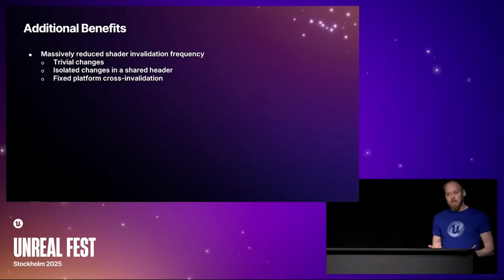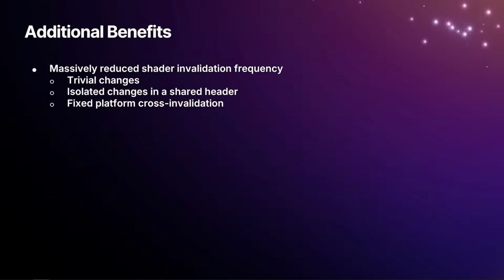So the hashing is basically just a dumb scan of all the include directives, loads any of the files it can. It's permissive, so if it can't load the file, it just ignores it. But that meant, yeah, if you had some PS5 specific code in a header, that's going to invalidate all shaders on all platforms, even though it should only touch PS5. So obviously during preprocessing, all the includes are removed. This issue just magically disappears.